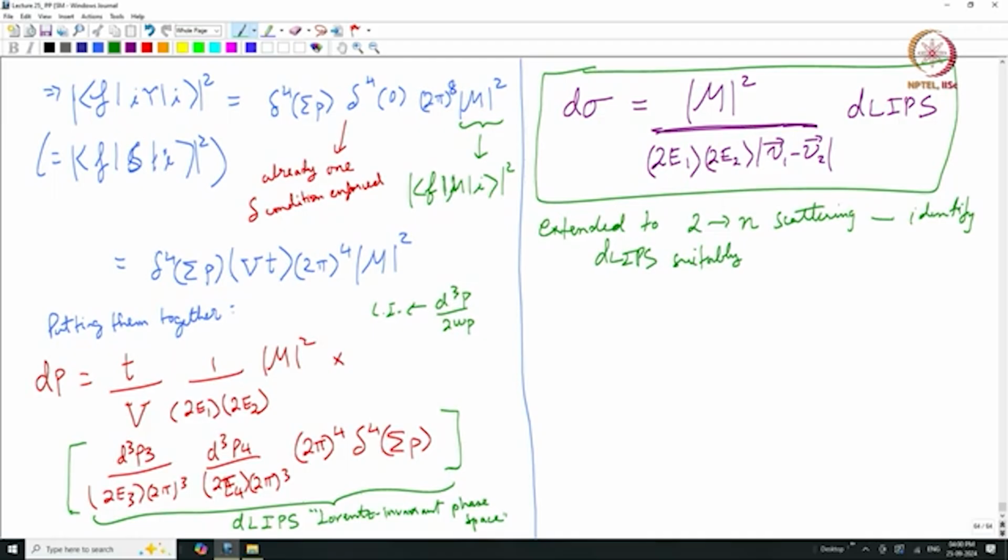Now I am going to introduce one more term here. It is worth knowing this term so that you can separate out some physics parts in your head.